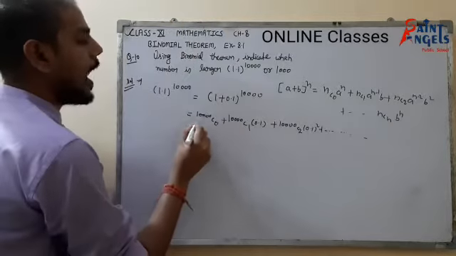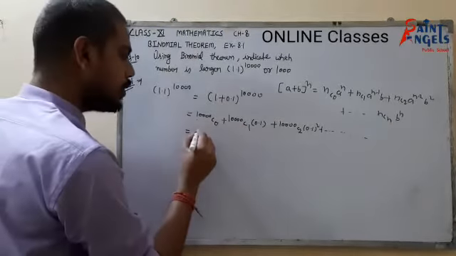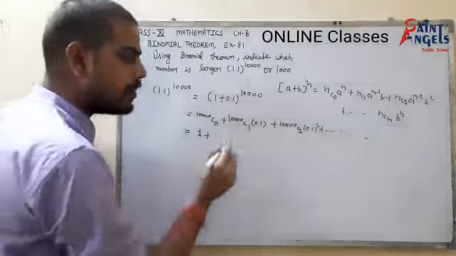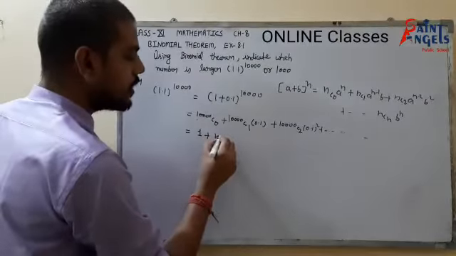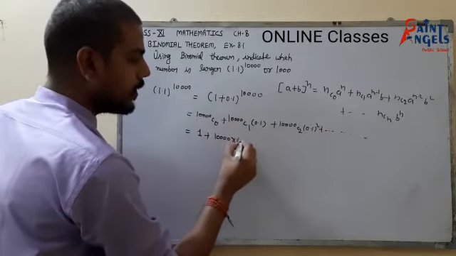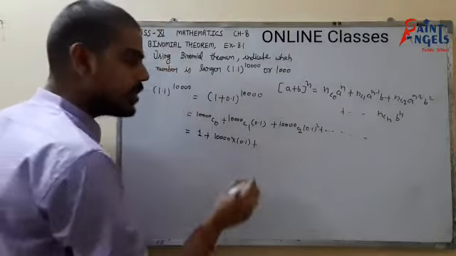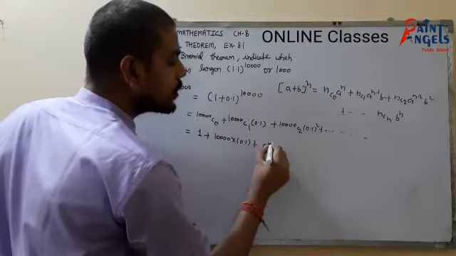Okay, nC0 is equal to 1, so it would be 1 plus 10,000C1. nC1 is equal to n, so 10,000C1 equals 10,000 into 0.1, and whatever other terms we have, all will be positive numbers.